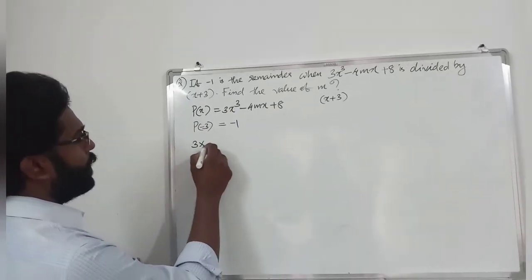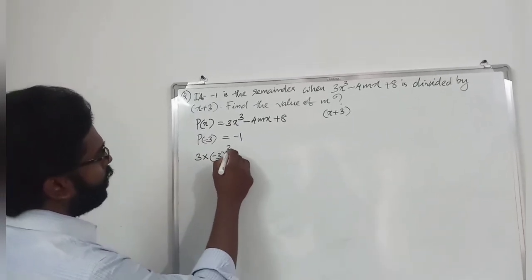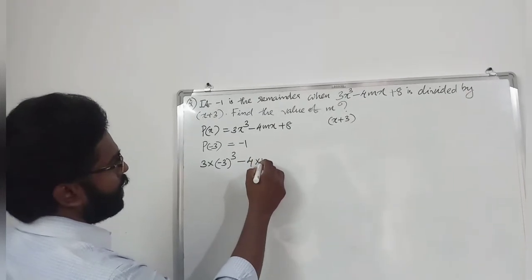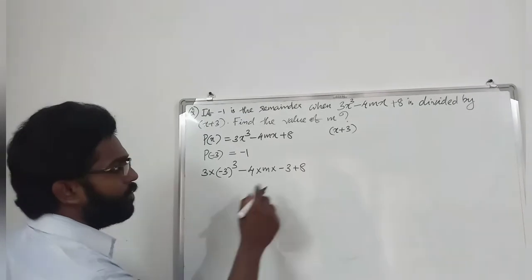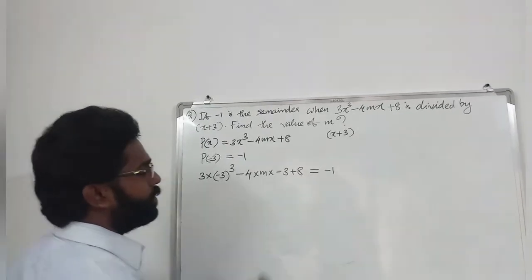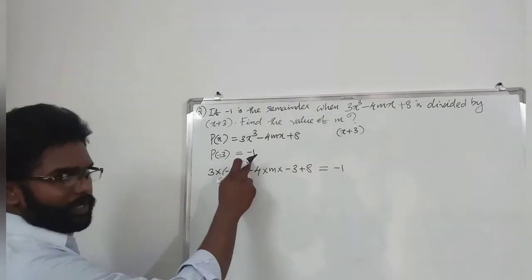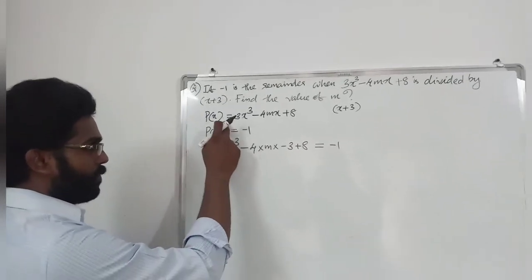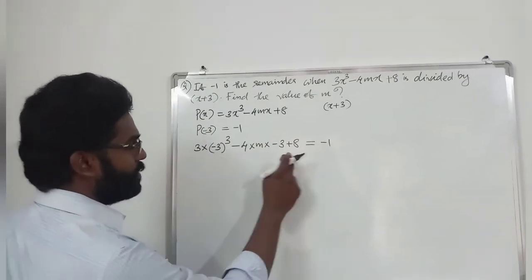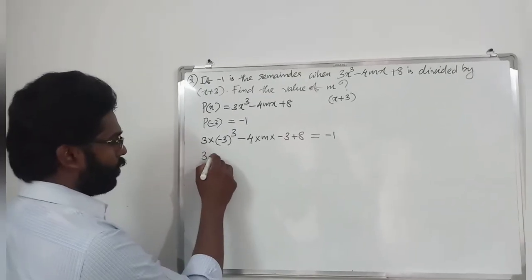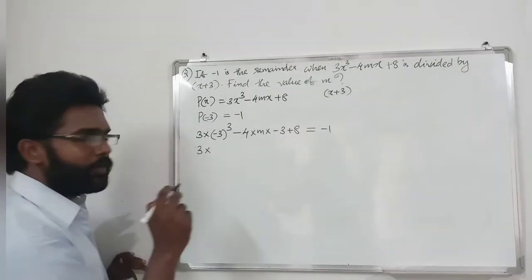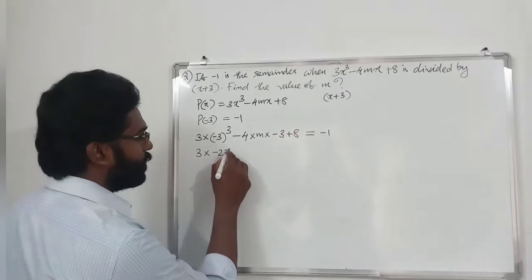3 into minus 3 cube minus 4 into m into minus 3 plus 8. We know the value of that: p of minus 3 equals minus 1. 3 into minus 3 cube. 3 cube is 27, so minus 3 cube is minus 27.